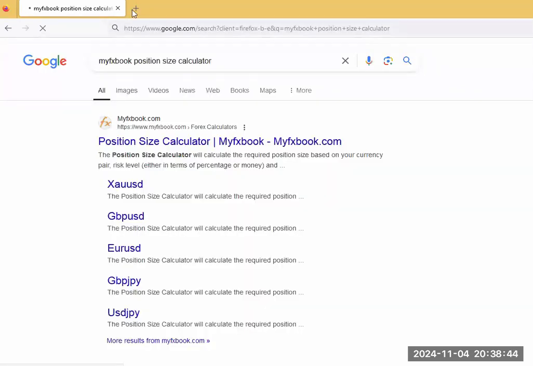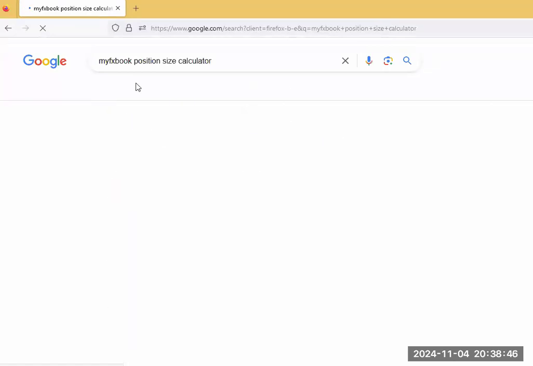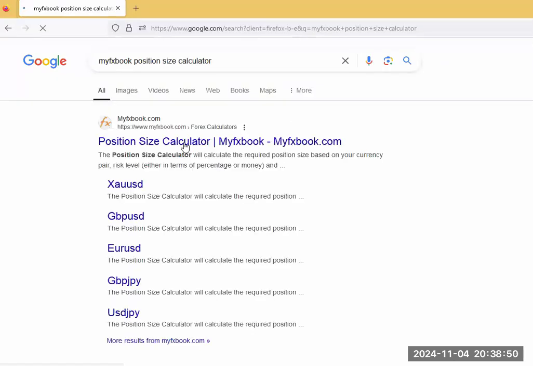It will tell you the lot size that you need to use. Oh, this thing is not coming up. But it's called the position size calculator. So you just use it to determine, let me see, I hope it will come up.